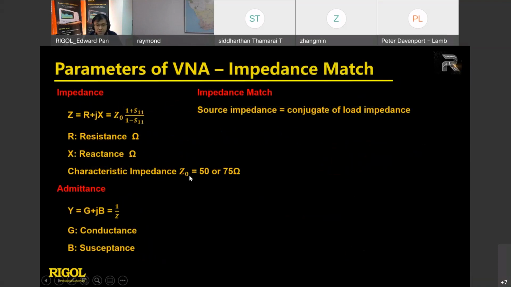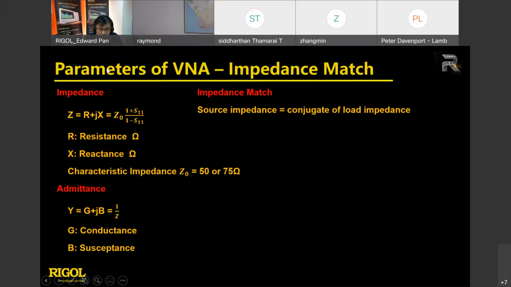The other VNA parameter is impedance matching. It includes different kinds of parameters like impedance and admittance. As you know, admittance is the reciprocal of impedance, and is related to parallel circuitry. If you regard it as a parallel circuit, then using admittance makes the mathematical calculation more convenient.